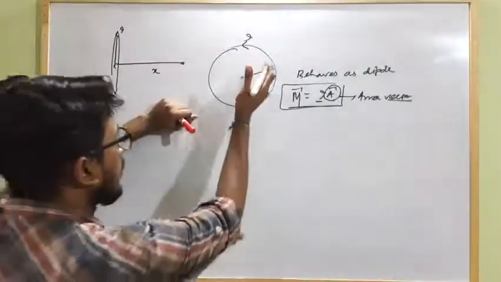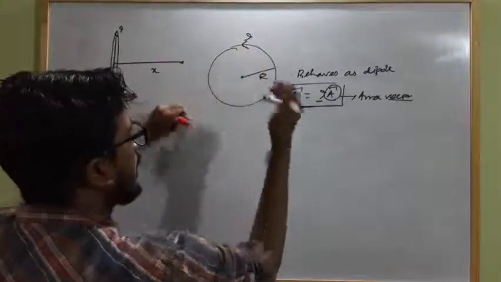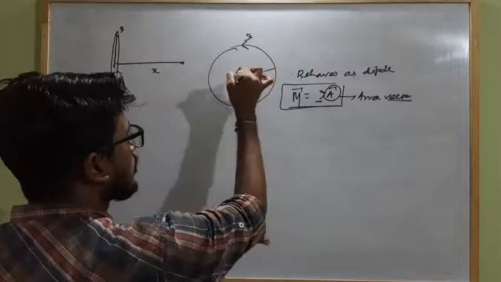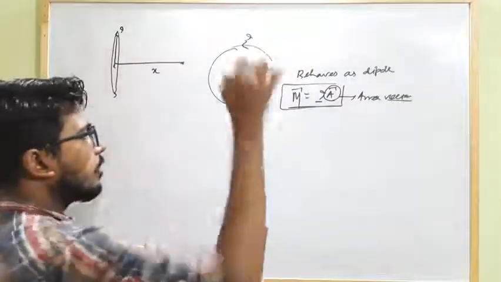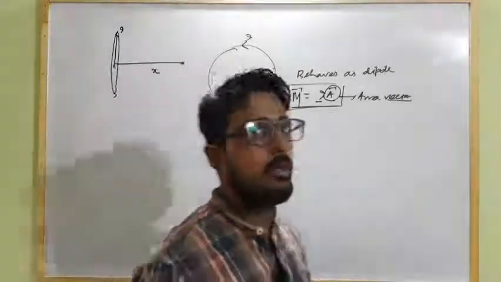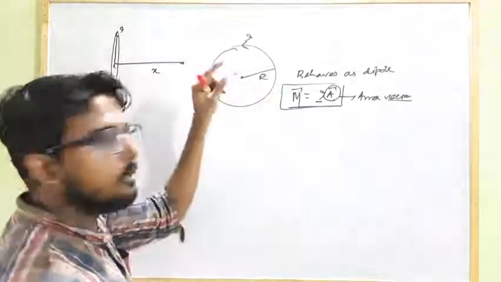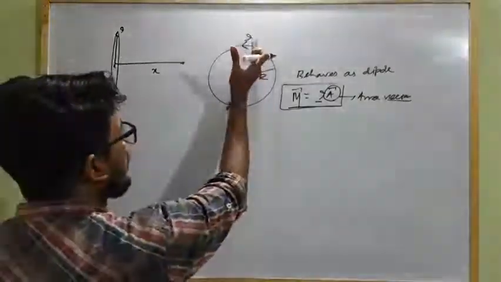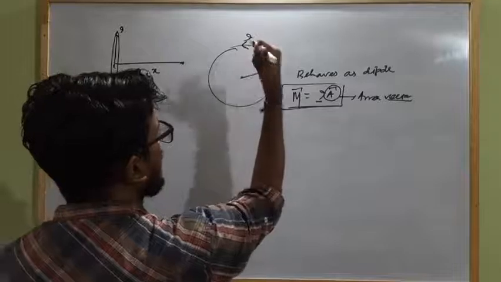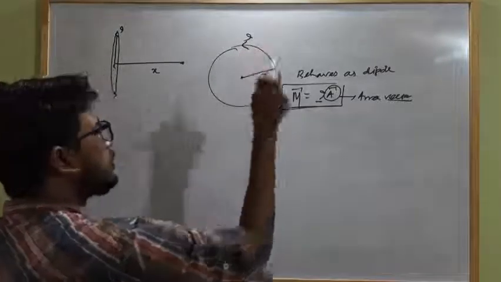Because if we curl the fingers along this direction, the thumb will show the direction of magnetic field. That means the magnetic field lines will come like this. And we know the magnetic field lines come from north to south in the open space of the magnetic dipole. So this is also the north pole.